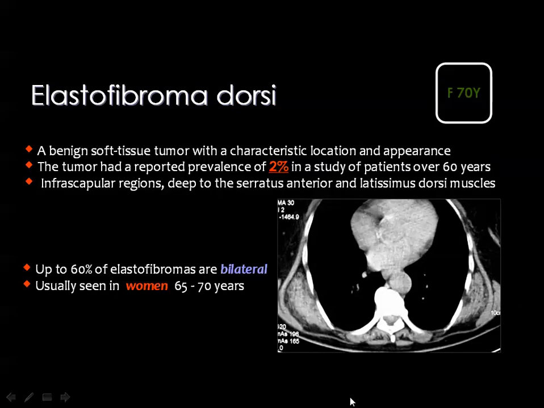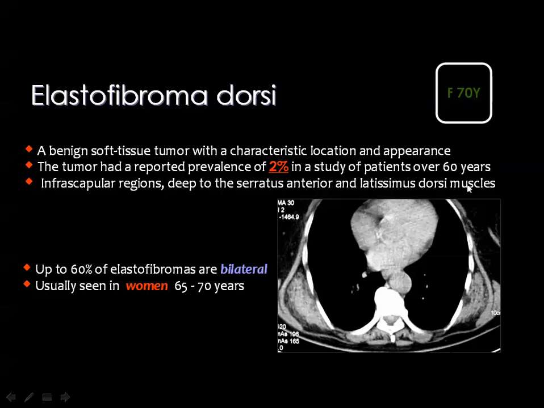Then one of the lesions which are seen commonly in clinical practice is the elastofibroma dorsi. And this is a benign lesion which is located in a very characteristic location just below the inferior angle of the scapula, between the serratus anterior and the chest wall.